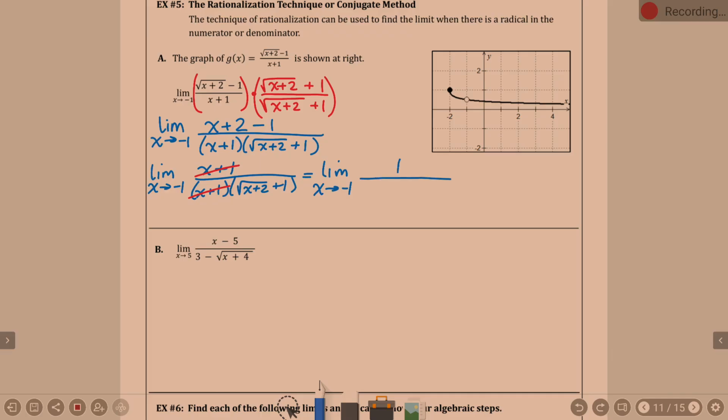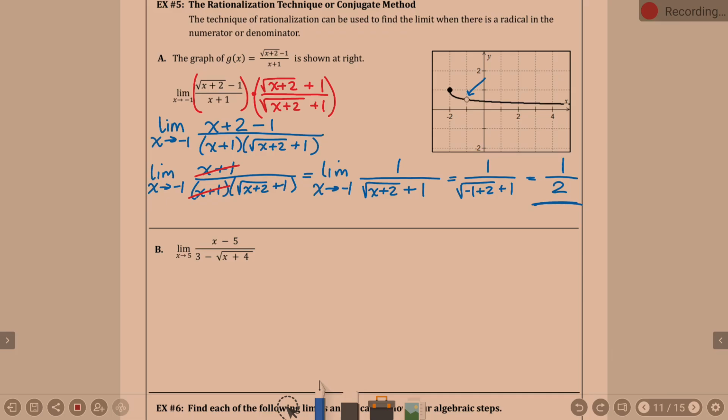A 1 over square root of x plus 2 plus 1. And now you are doing that direct substitution. So now we're going to plug in the -1. Does that match with what they appear to be showing here? That makes sense, doesn't it?